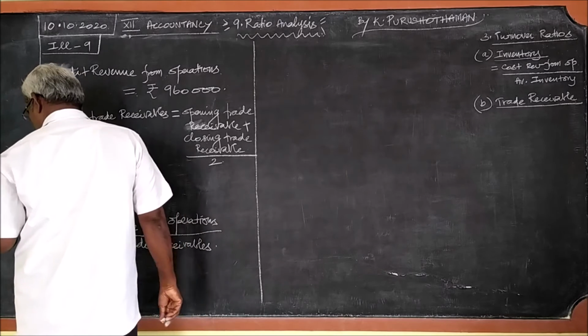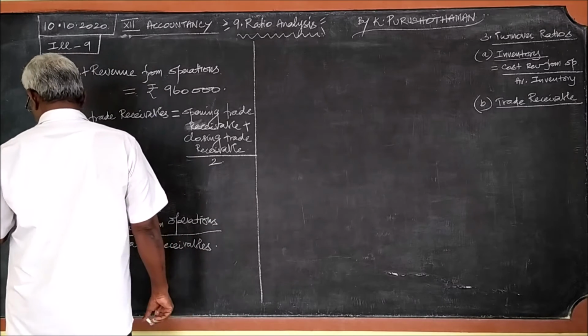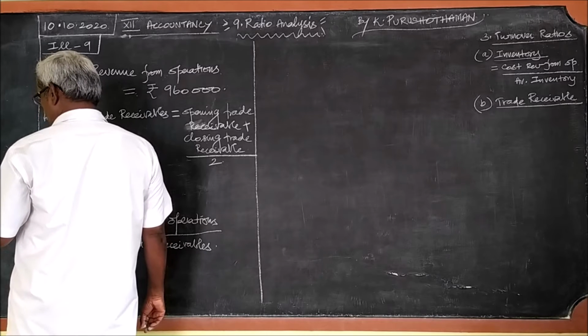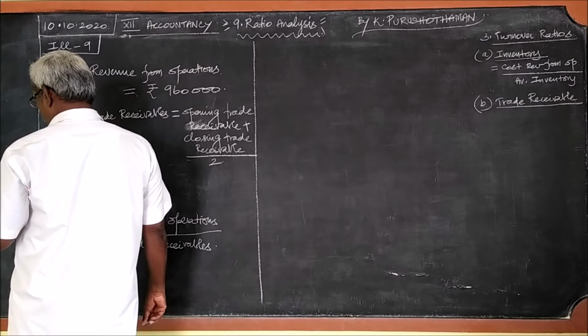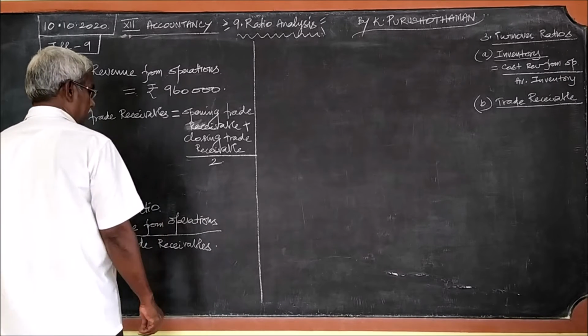In this problem, what is given? Its debtors and bills receivable at the end of the accounting period amounted to 1,60,000.